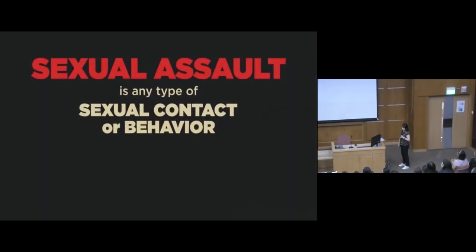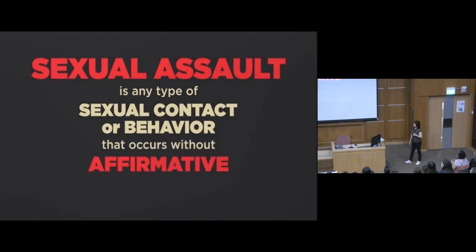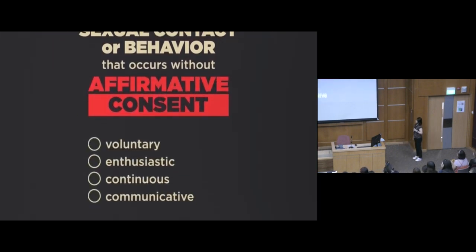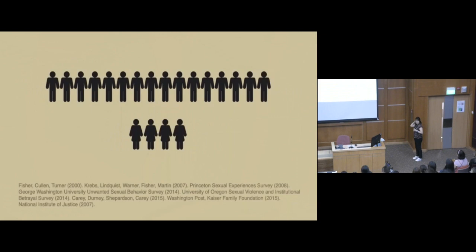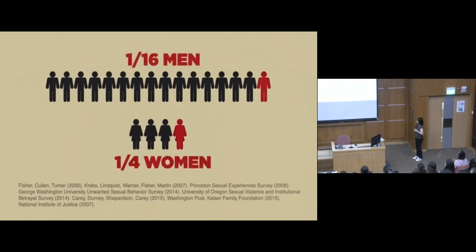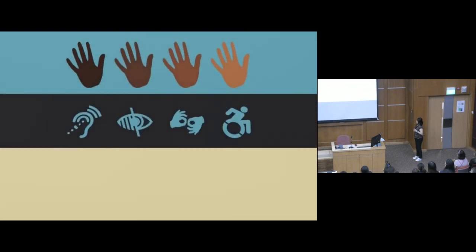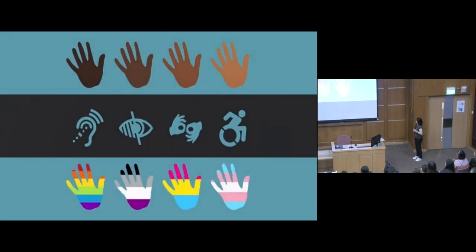Sexual assault is any type of sexual contact or behavior that occurs without affirmative consent. Affirmative consent is voluntary, enthusiastic, continuous, and communicative. Sexual assault and rape are far too prevalent at college campuses. 1 out of 16 men and 1 out of 4 women are sexually assaulted while in college. People of color, people with disabilities, and people who are LGBTQ experience higher rates of sexual assault and rape.